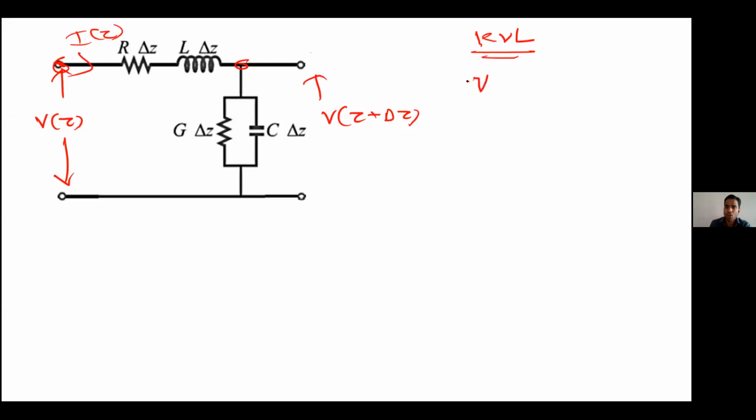The potential drop, delta V, is I of Z into R delta Z plus J omega L delta Z. Is everyone getting this? Yes, sir.